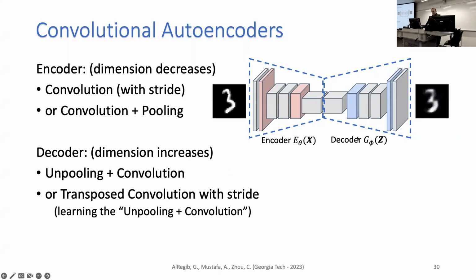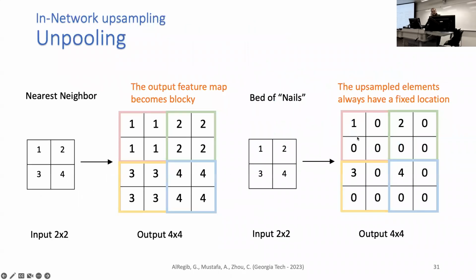Let's look at this in more detail on the slide. Imagine that you have an input of 2 by 2, so the sample is 1, 2, 3, and 4. And you want to output 4 by 4 on the decoder side. So now you have to have some kind of criteria. If your criteria is nearest neighbor, then you repeat the 1, so 1 repeats 4 times here, the 2 repeats 4 times here, same thing for 3 and 4.